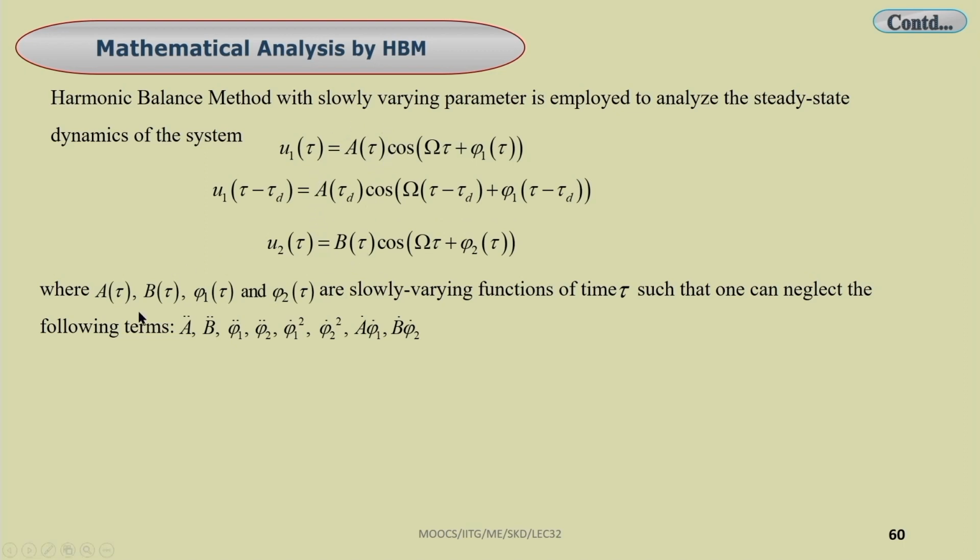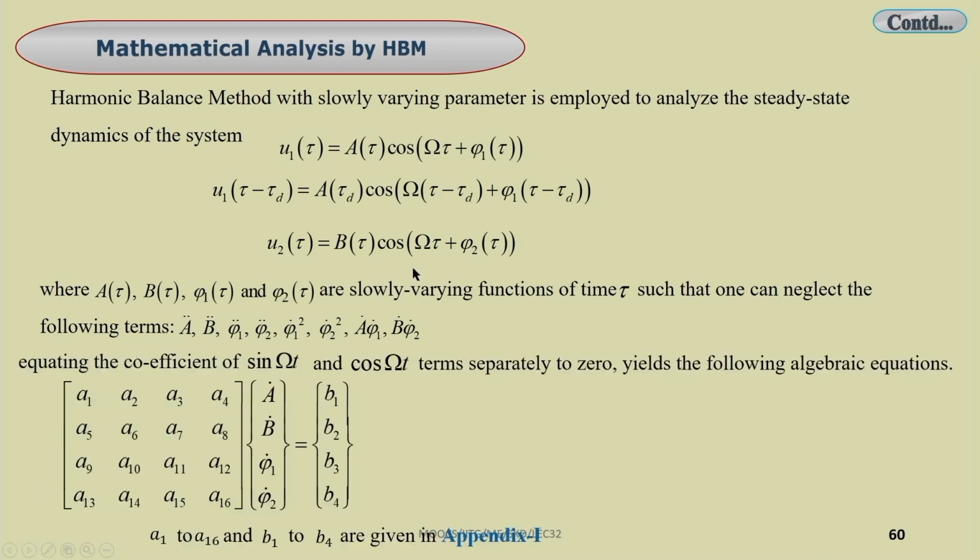Initially one can get this a, b and psi 1, psi 2, and by perturbing that, one can study the stability simultaneously to find the response plot. By substituting this way and collecting the coefficients of sin omega t and cos omega t, these equations can be obtained, and from this one can get a 1 dot, b 1 dot, psi 1 dot, psi 2 dot.